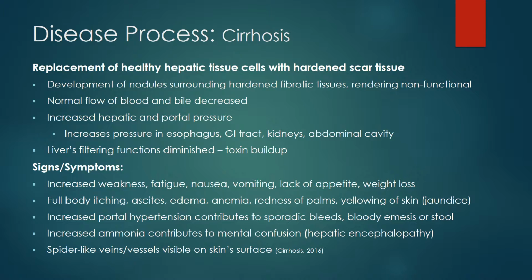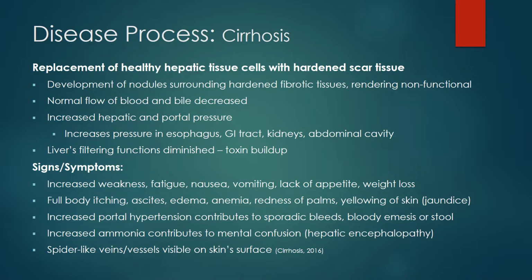There's also ammonia, which will begin to increase from the breakdown of the protein within the diet, and this cannot be filtered by the liver any longer when it is not functioning the same way. And this buildup of ammonia leads to hepatic encephalopathy, and that contributes largely to mental confusion and a confused state, and that can be deadly.